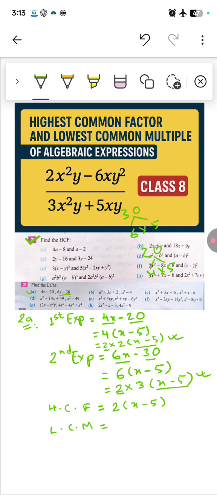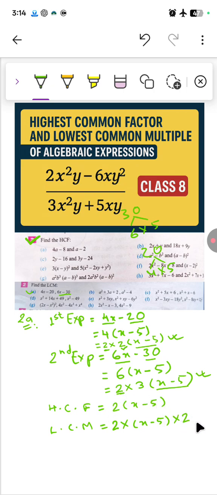Moving to LCM. LCM, what do we see over here? Common one we have to take, same like that, x minus 5. And the remaining factors also we have to write. What are the remaining factors over here? 2 is still left, that is also multiplied over here.